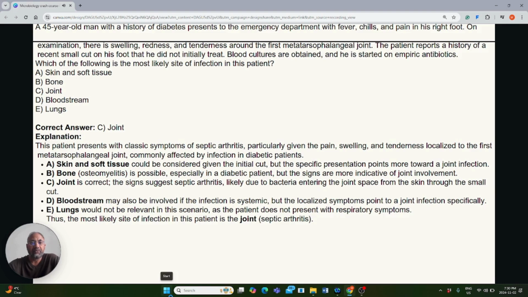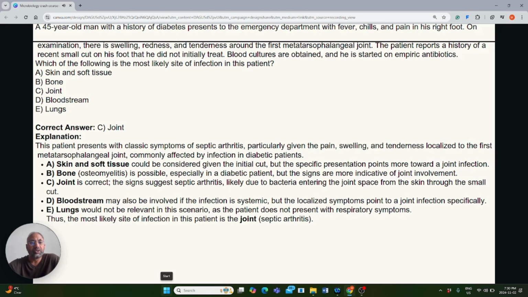because this is like an infectious arthritis that can occur in cases where there is no proper treatment of the primary wound. If a person gets a cut on the leg and he also has diabetes, as this question says, then he is more prone to getting infected, and most commonly the infection reaches the joint and causes severe pain and tenderness of the joint, and this is why this can be a septic arthritis.